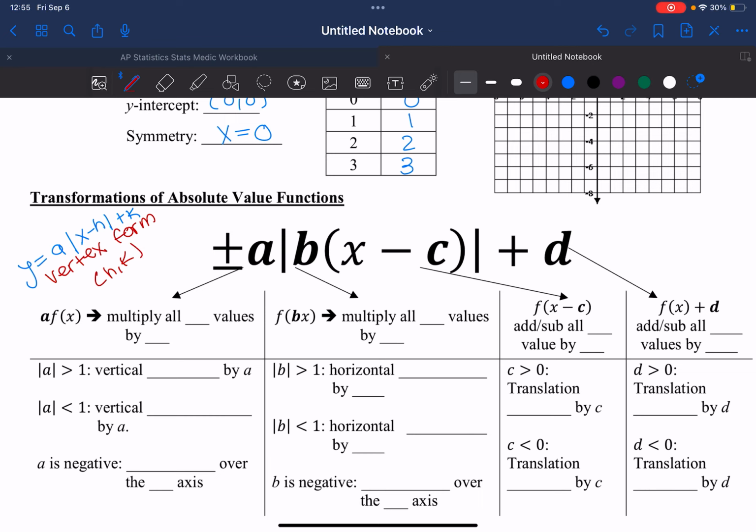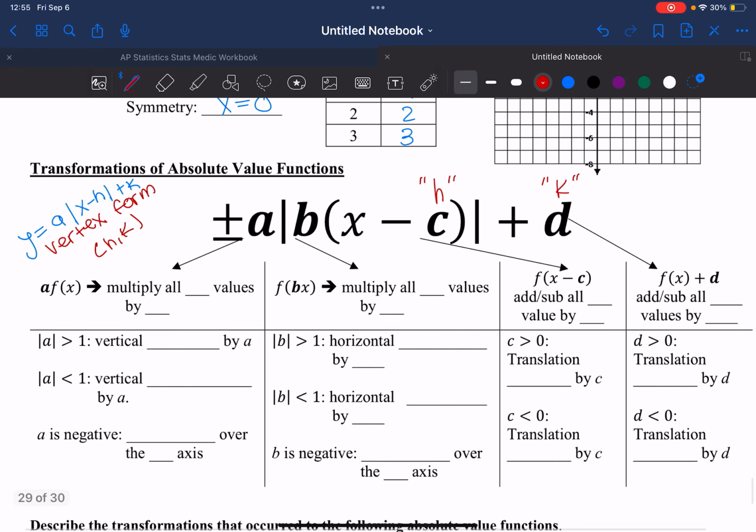So when we look at the form here, we have that a value, but now we have an additional value, that b value. And when you see c and d, just think h and k. So each of these components is going to do something different to the graph.